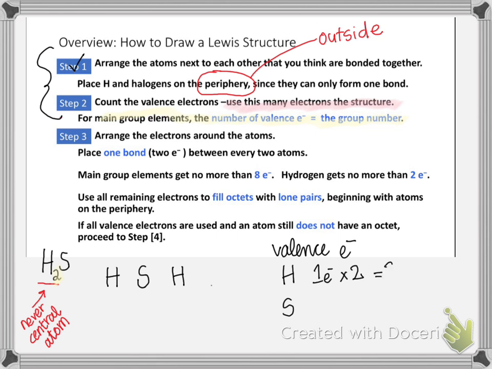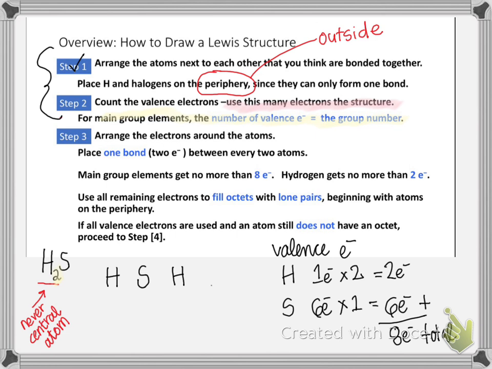So that means the hydrogens bring 2 electrons, and then sulfur is in group 6A, so it has 6 valence electrons, and there's only 1 sulfur in my formula, so that would bring 6 electrons. So then adding these 2 together, I get 8 electrons total.